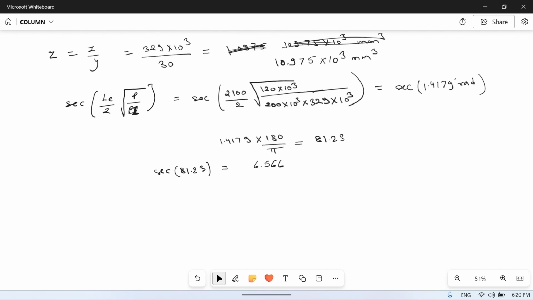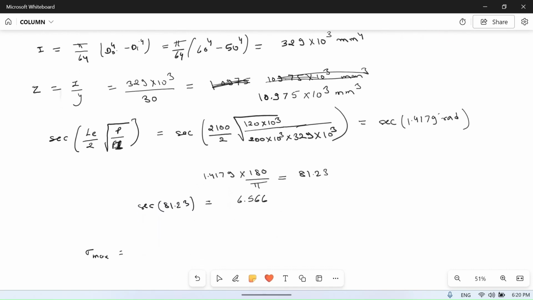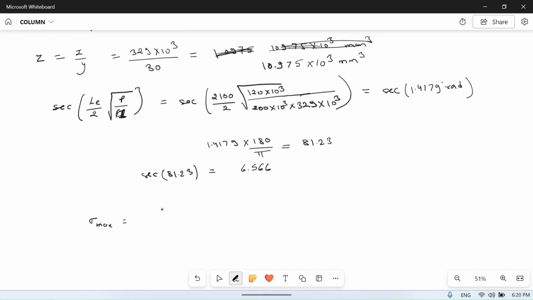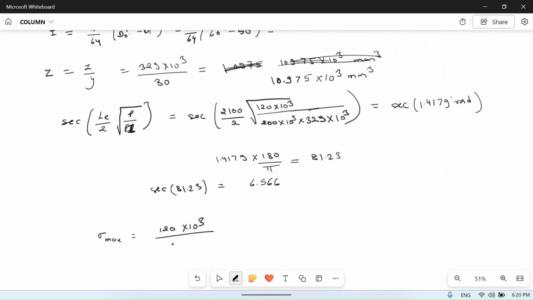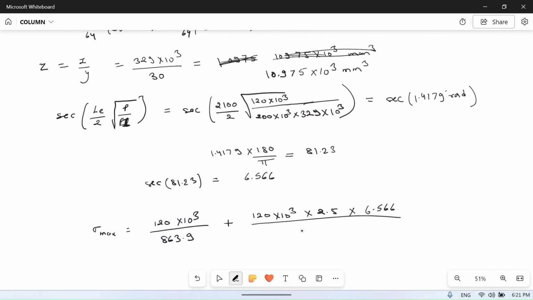Okay, so if we put all the values, then you will get sigma max is equal to, we already calculated these values, P by A, which is 120 into 10 to the power 3 divided by the area 863.9, plus P into e, 120 into 10 to the power 3 into e, which was 2.5, into sec 81.23, which was 6.566, divided by Z, whose value was 10.975 into 10 to the power 3.